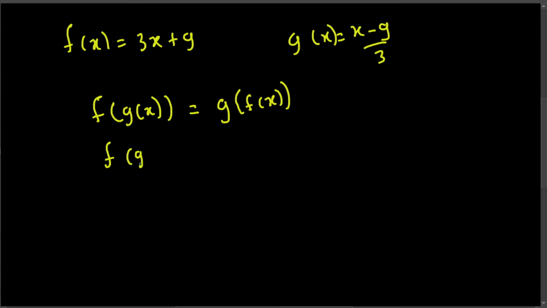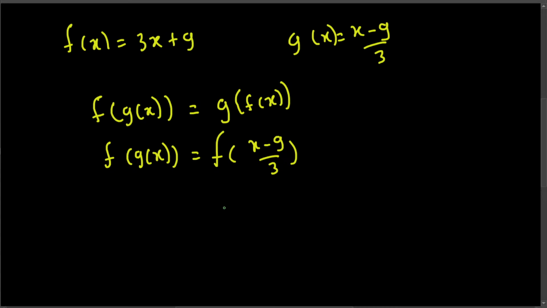So f of g of x is equal to, what we have to do is take the g of x function, that is x minus 9 over 3, and plug it into the equation 3x plus 9, instead of x.